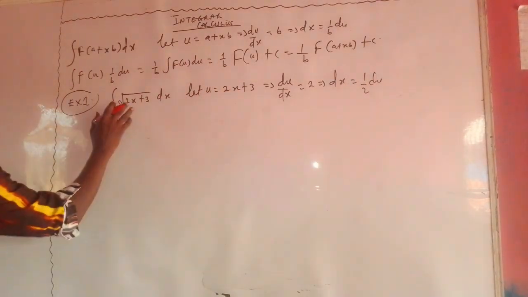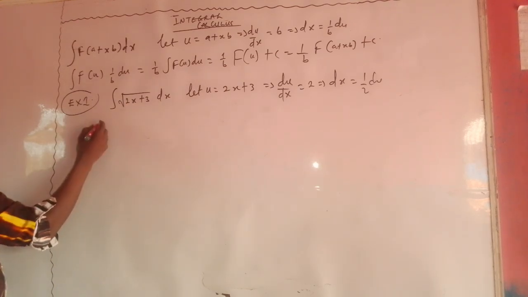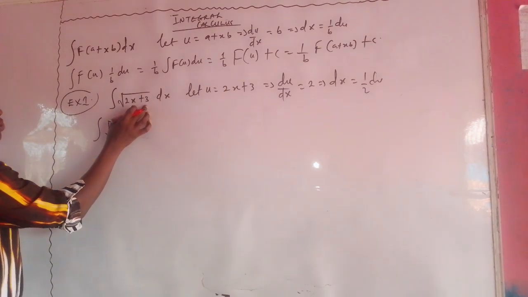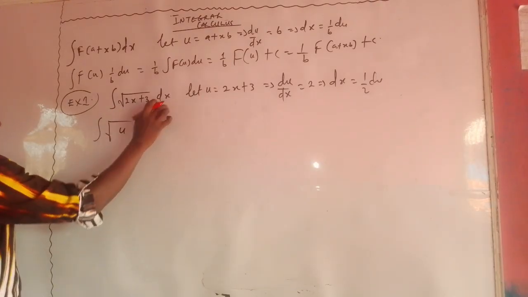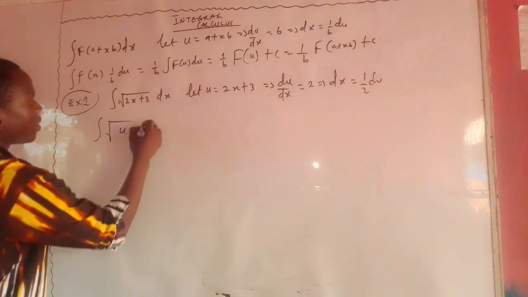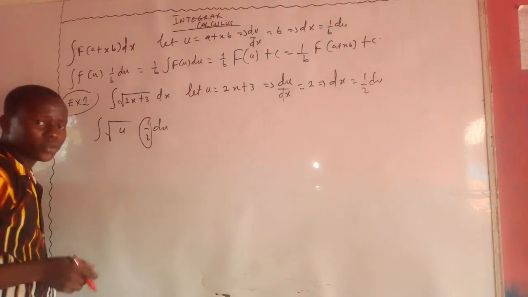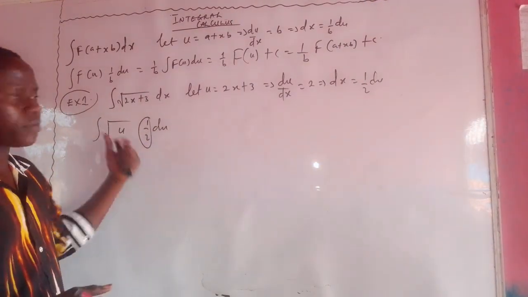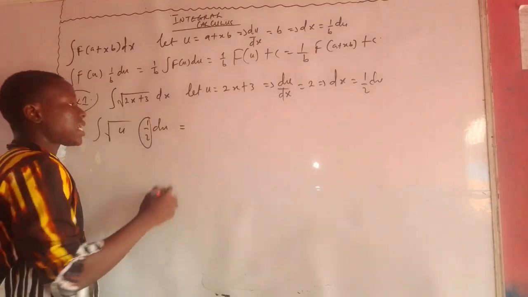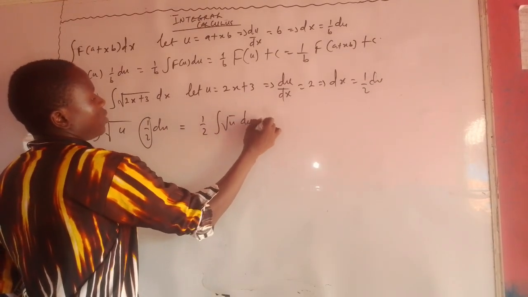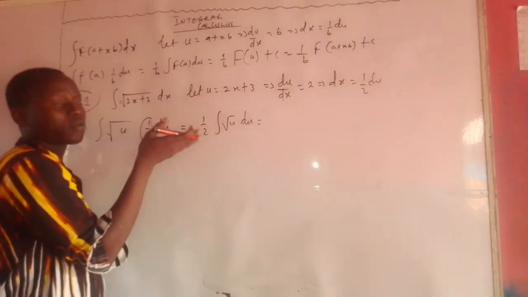Then if you come back here, you have the integral of root, so instead of writing 2x plus 3, you write u, then instead of writing dx, write 1 over 2, du. Don't forget 1 over 2 is a constant, so you can bring it out. You have 1 over 2, then the integral of root u du. How do you integrate the square root of u?